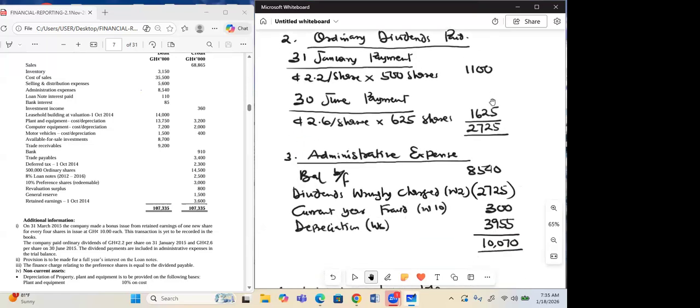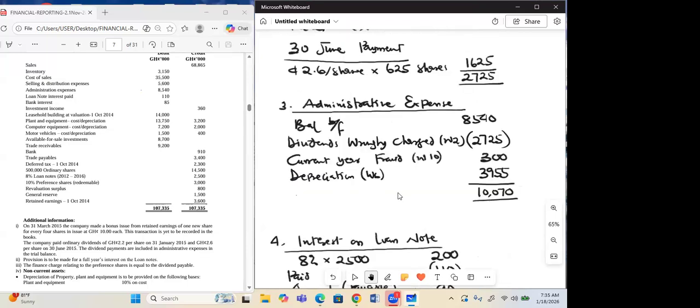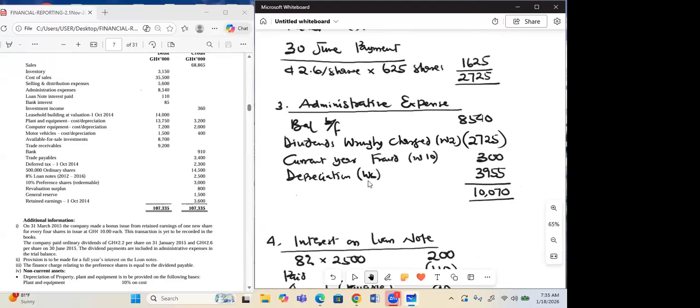Yes, we can move. Take working 2 and 3. Can I move? Yes, sir.